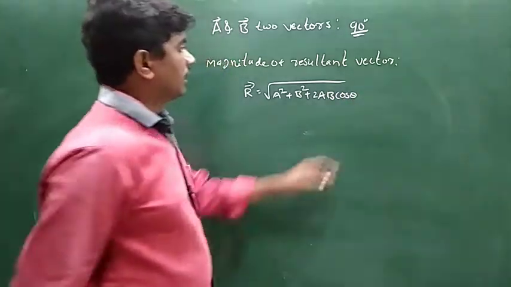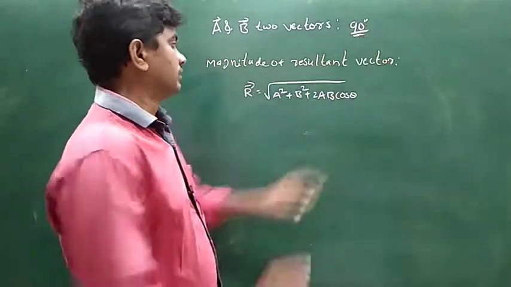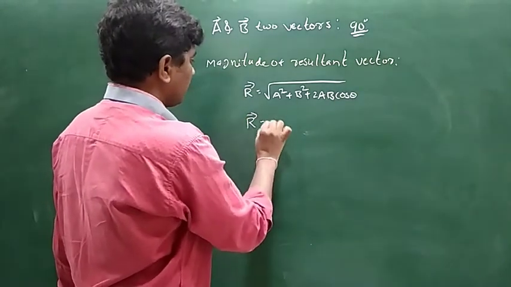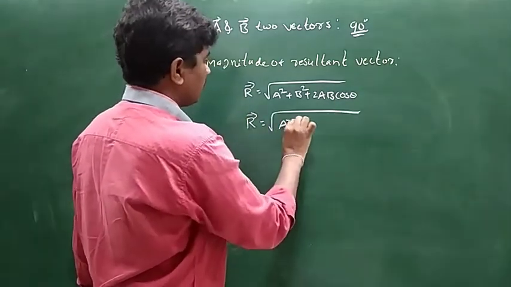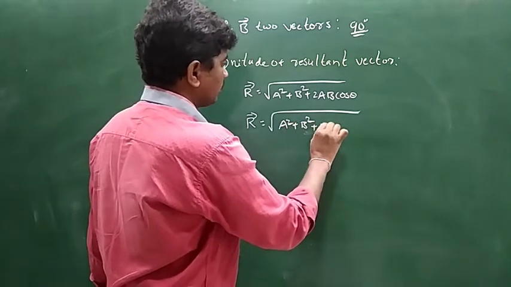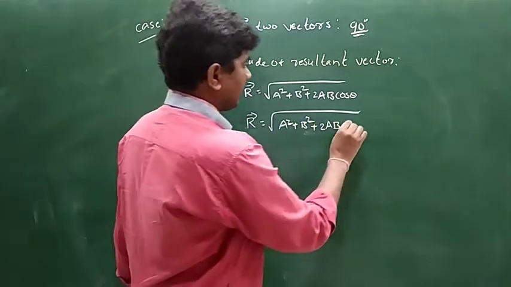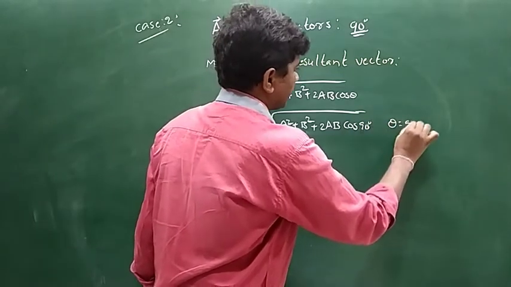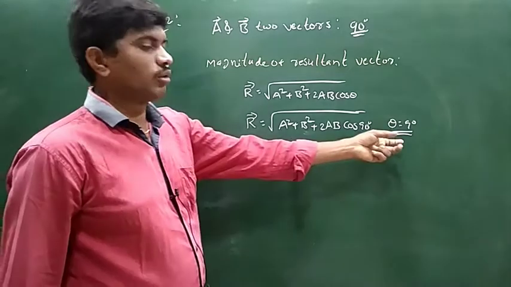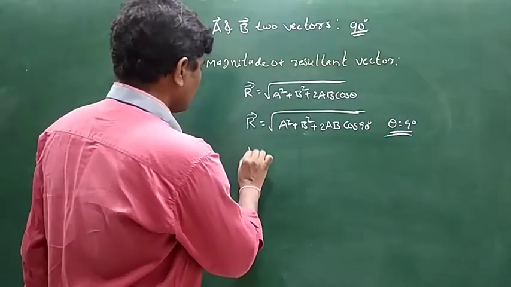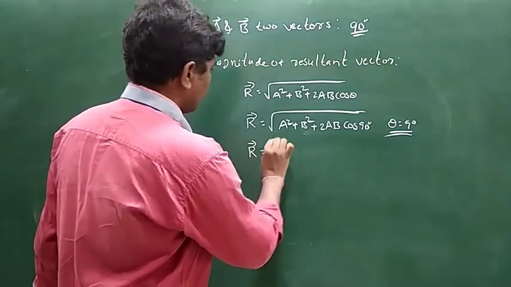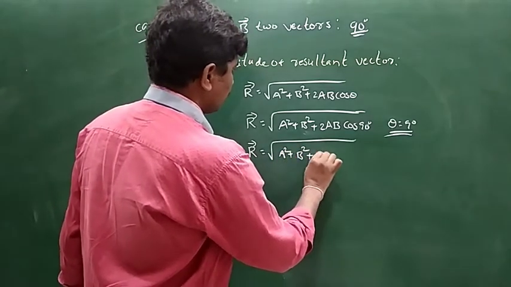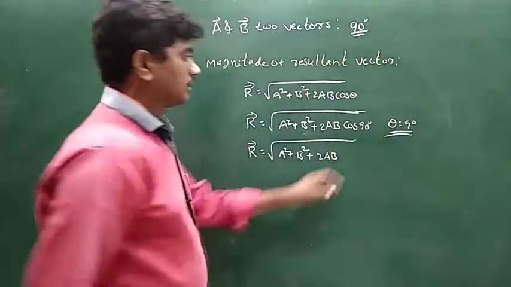Now, theta is equal to 90 degrees, so substituting theta equal to 90 degrees for perpendicular vectors, r bar equal to under root of a square plus b square plus 2ab cos 90 degrees.